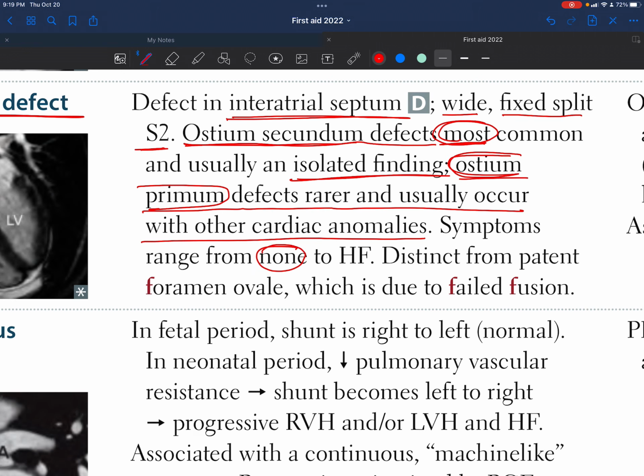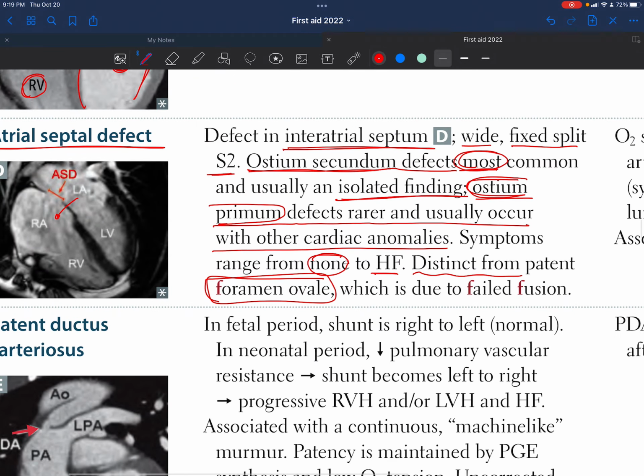Symptoms range from none, like having no symptoms at all, to heart failure. It's distinct from patent foramen ovale, which is due to failed fusion. So what makes it different from the foramen ovale, which is also an opening between the right and left atria, is that the foramen ovale is a failed fusion. So two pieces just cannot connect to each other.